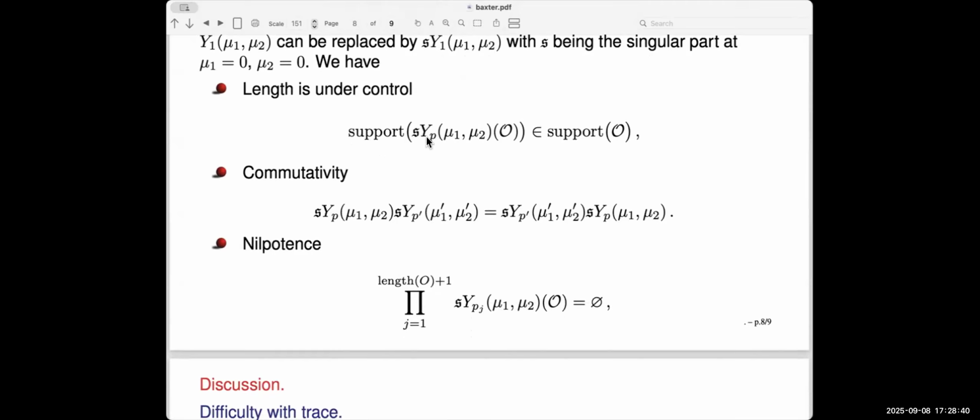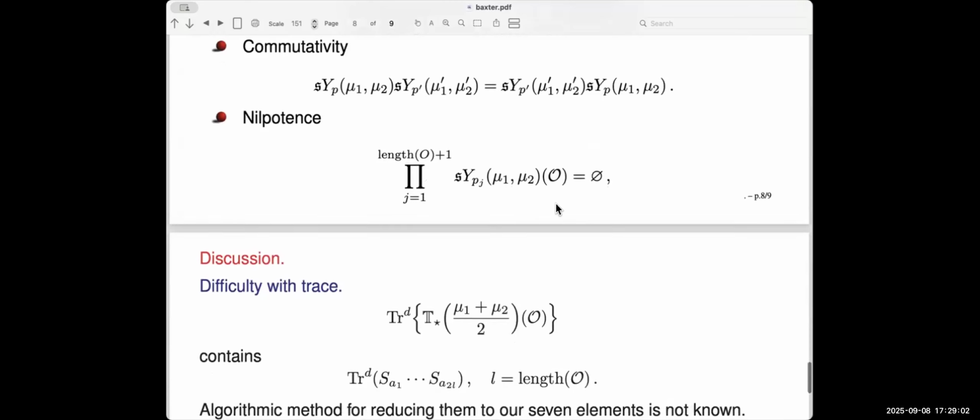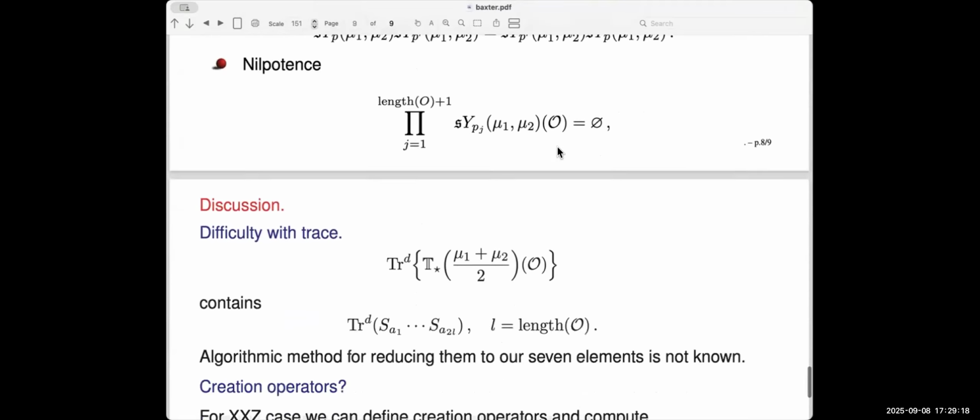First of all, if I apply some local operator to this SY, it belongs to the support of O, as in the picture I had. Then these operators commute, and finally they are nilpotent, which means that if I take a product of this number of them and apply it to all, the result is the empty space.